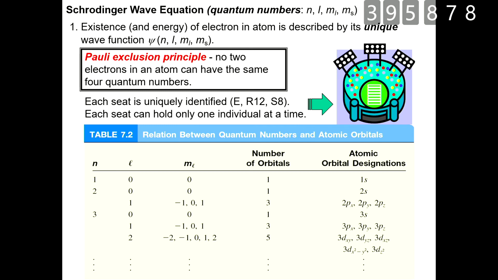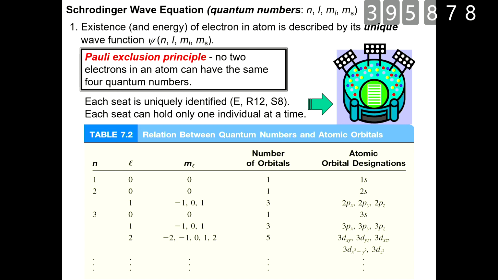So here this table shows the N, L, ML numbers. For example, if N equals 1, this means the electrons in the orbital which is close to the nucleus, right? So if N equals 1, L can only be 0, ML 0, right? Because ML is from minus L to plus L. So the number of orbitals is only 1. You can't find other numbers, right?